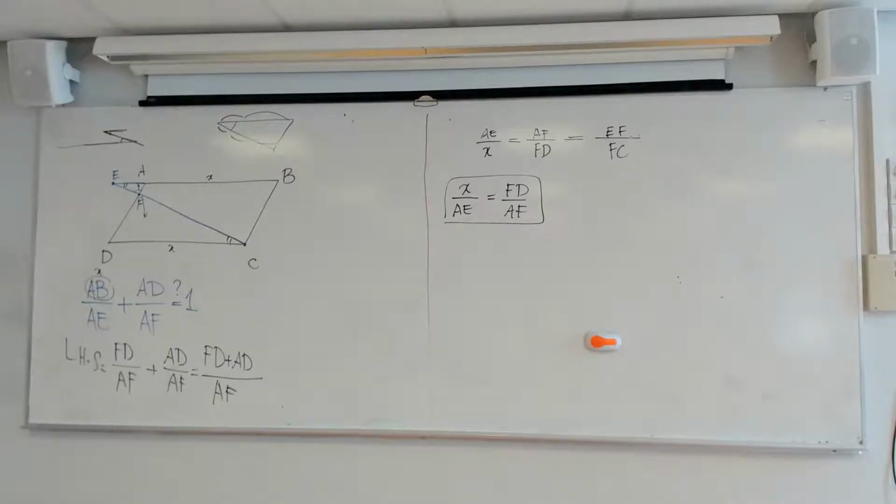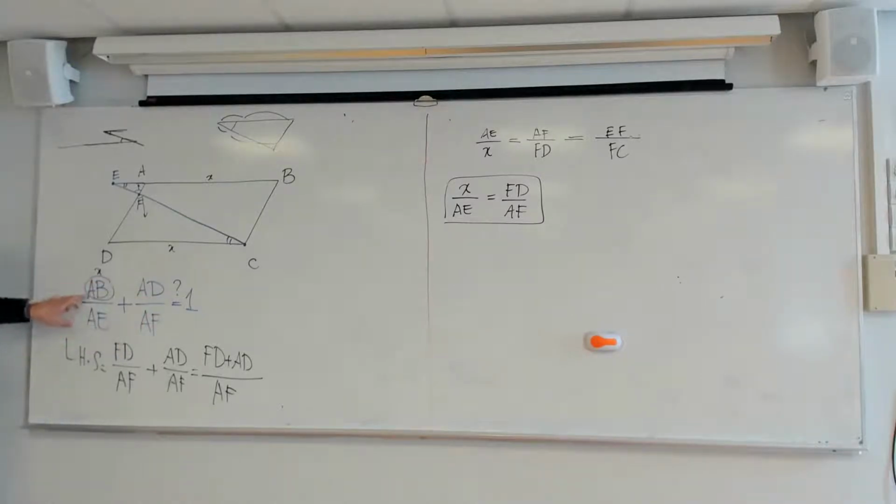But since FD plus AD over AF is supposed to equal 1, is FD plus AD also AF? It should be, you are right. Otherwise, this means that the problem is wrong or I read it wrong. Is that the same or not? It is not, you are right. So I think now it is clear that the problem is wrong. If we are confident about what we have done, and I believe we are, then if the problem is right, this left-hand side should be equal to 1.